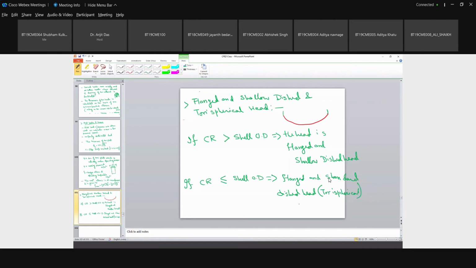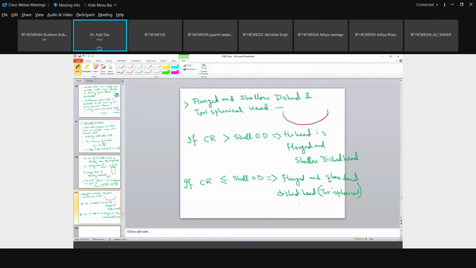So if the crown radius is greater than the shell OD, the head is flanged and shallow, and if it is less than or equal to the shell OD, then it is known as the toruspherical head.